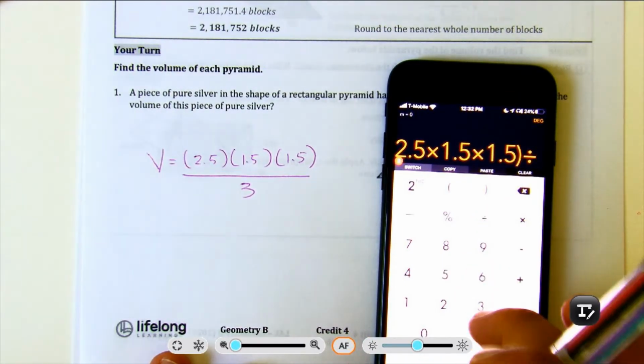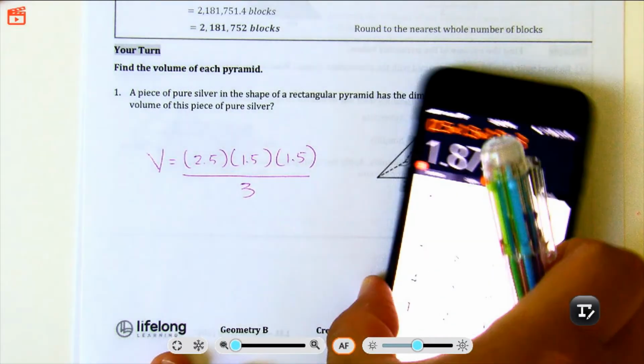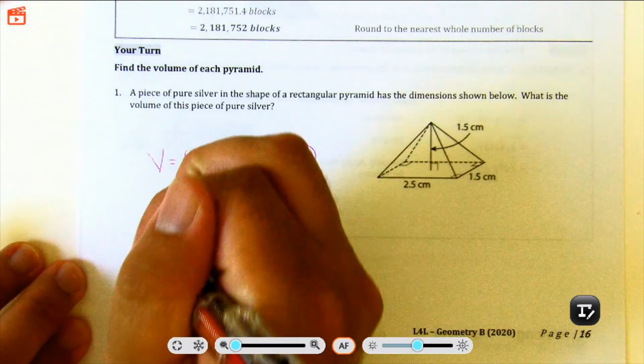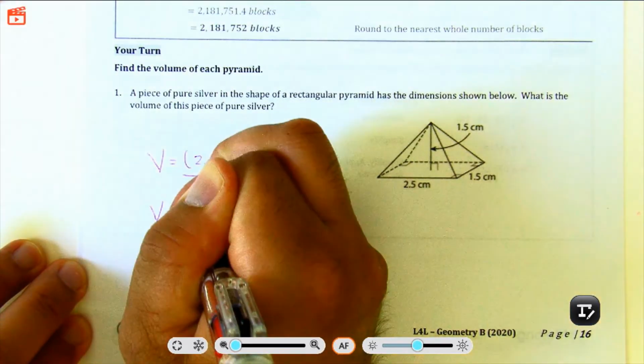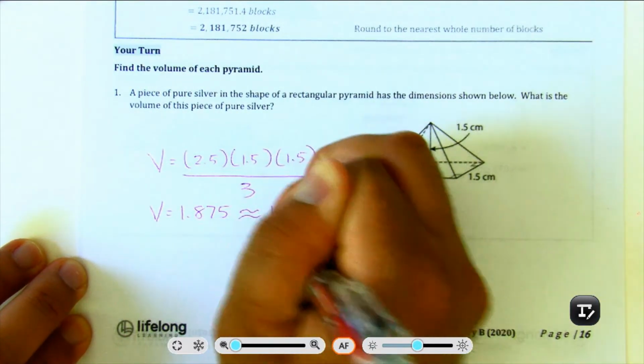And that gives us 1.875. So the volume is equal to 1.875, or rounded to the nearest tenth would be 1.9 centimeters cubed.